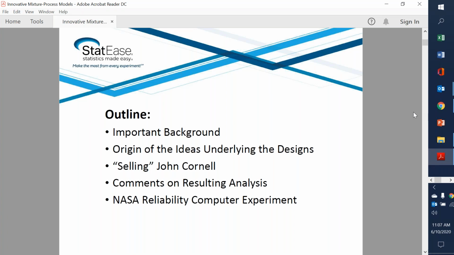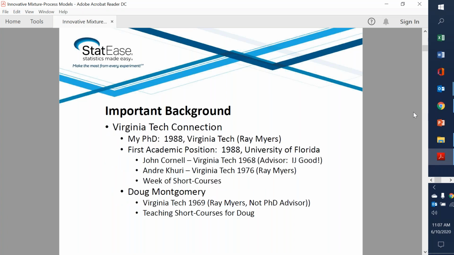So without further ado, the background on this is a Virginia Tech connection. My PhD is from 1988 from Virginia Tech, and Ray Myers was my dissertation director, my advisor. My first academic position was right after graduation at the University of Florida, and John Cornell and Andre Curry were members of the faculty there.